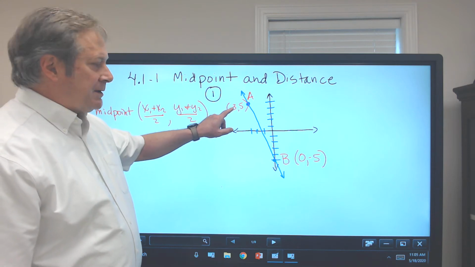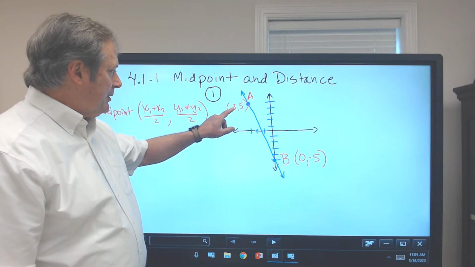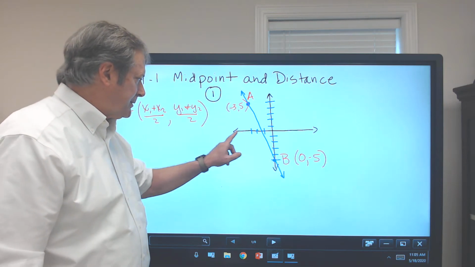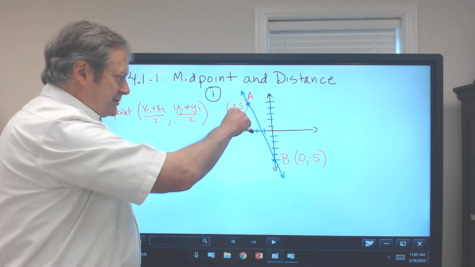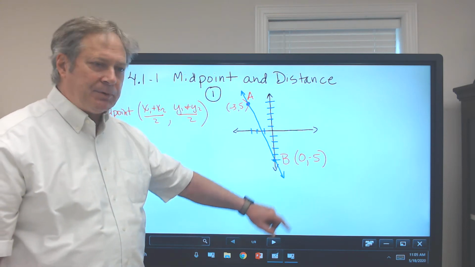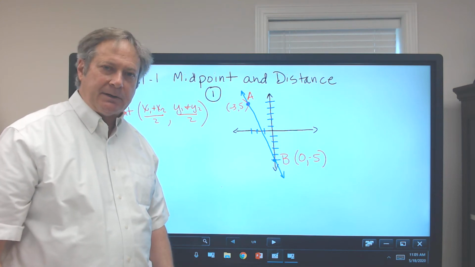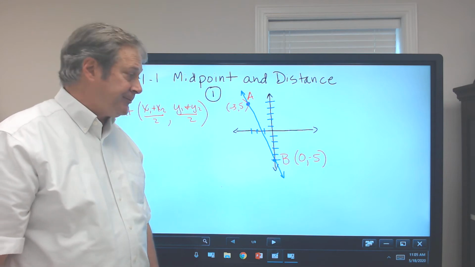Okay, so let's just first do it in our head, and then we'll do it on paper. We want to deal with the x's first. All right, what's the halfway point between a -3 and a 0 on the x-axis? Well, you could actually count it up and then divide it in your head, but let's just add -3 plus 0 is -3, divided by 2 is -1.5, okay?